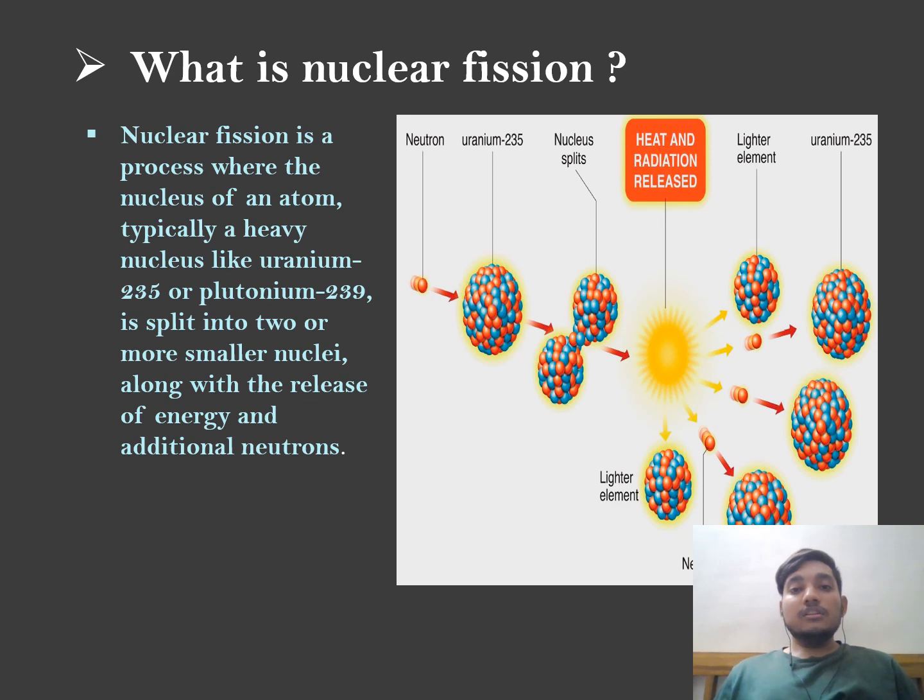Importantly, during the fission process, several additional neutrons are also released. These newly released neutrons can then collide with other uranium-235 nuclei, causing them to fission as well. This creates a chain reaction where one fission event triggers multiple more fissions, releasing a significant amount of energy continuously.